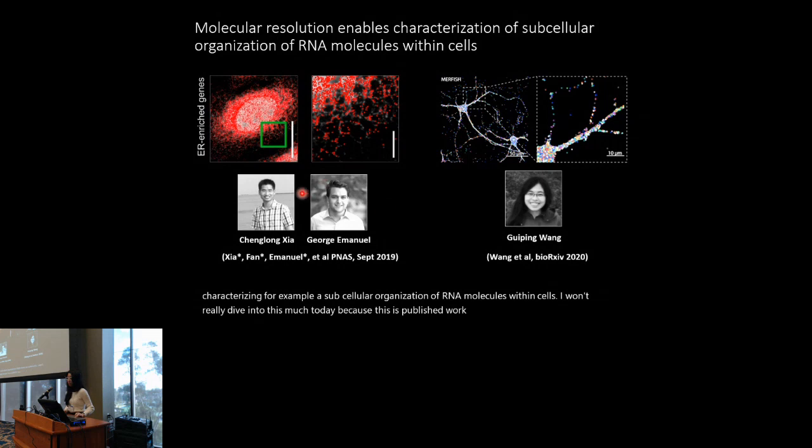But for example, we've previously been able to look at which RNAs co-localize, for example, with the endoplasmic reticulum versus different other subcellular structures. And this is, I think, a lot more interesting as we move to highly polarized cell types like neurons and begin asking questions like, well, what is the subcellular RNA composition of different dendrites, or dendrites versus axons, for example.